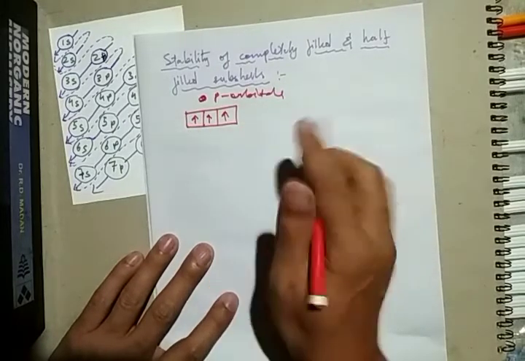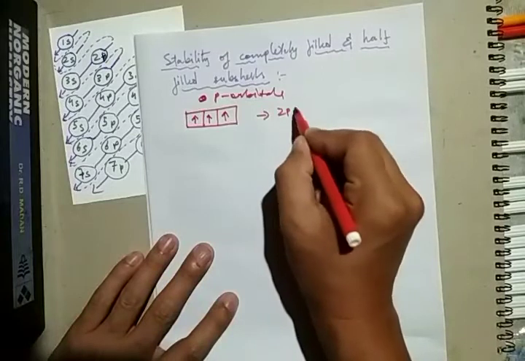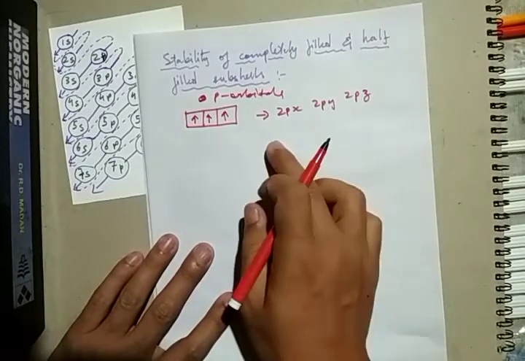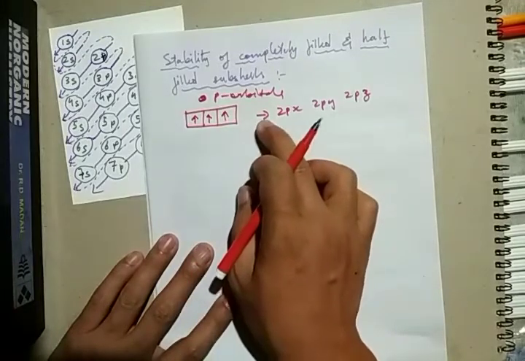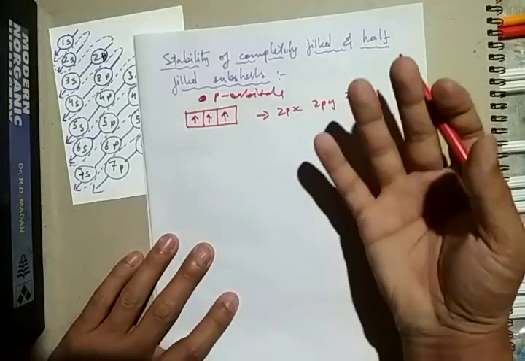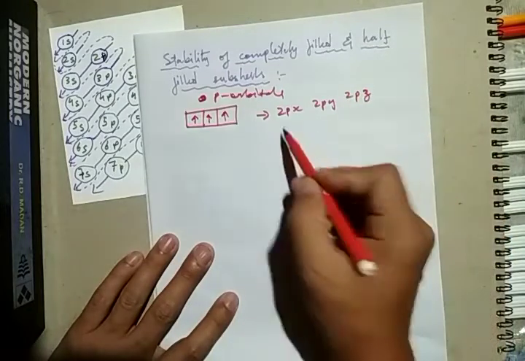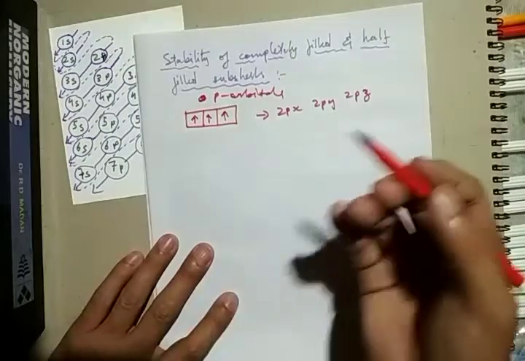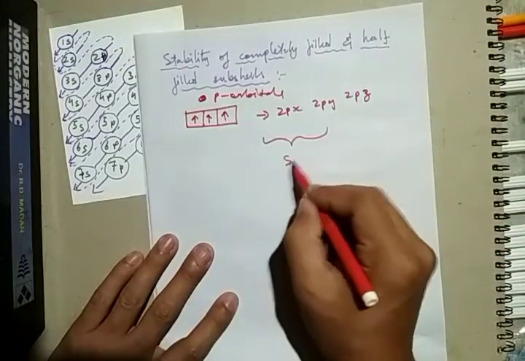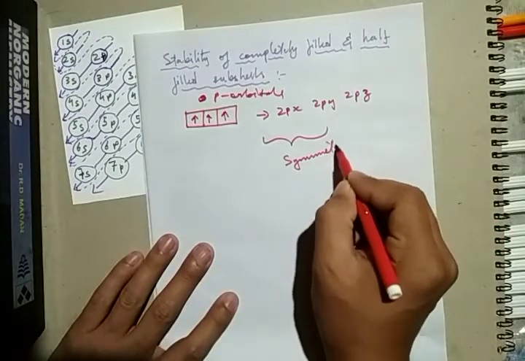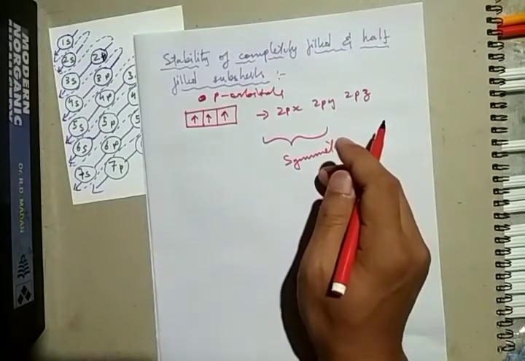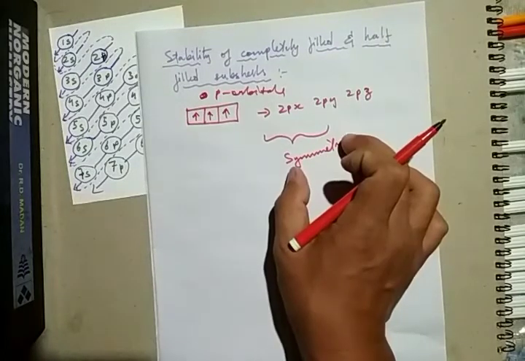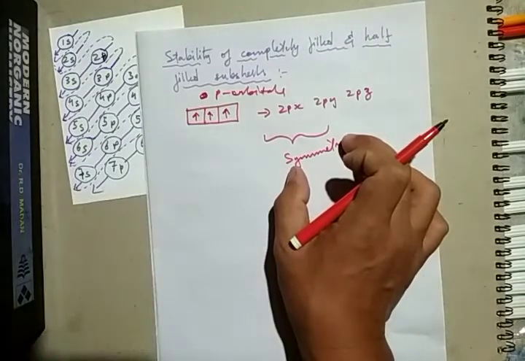In half filled orbitals there are 2px, 2py, 2pz, and there is equal distribution of electrons in these orbitals, and therefore we call it symmetry. So they attain symmetry, and since they attain symmetry, they are stable.